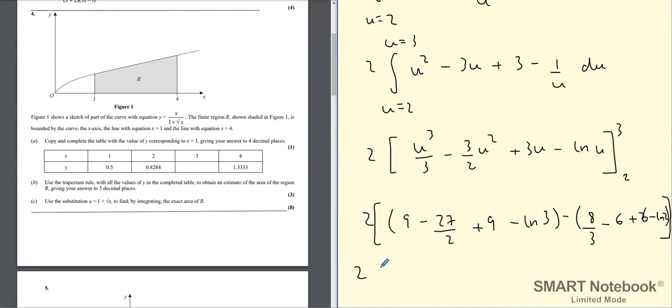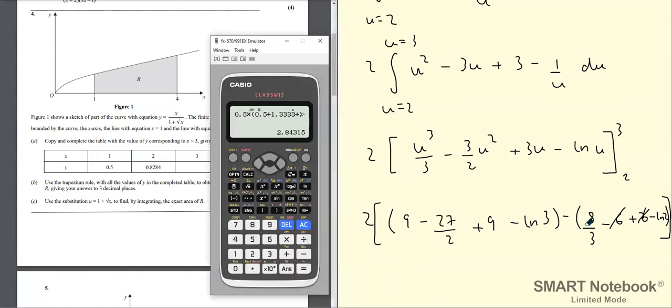So once I've done this, I think it's probably best to put it in the calculator. And actually I'm going to go ahead and work that out. But I do like doing this step without the calculator, because otherwise it can become fiddly trying to type all the powers and things in there.